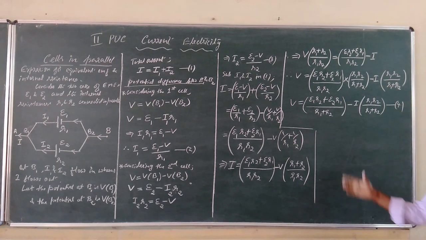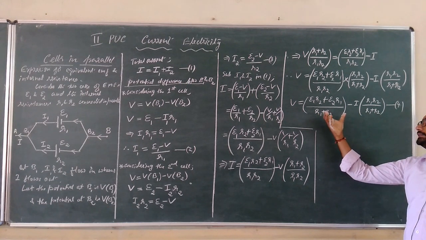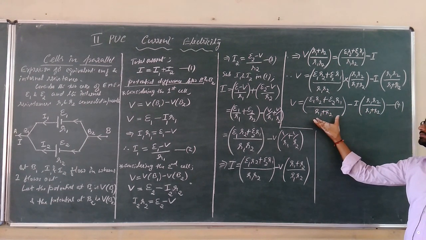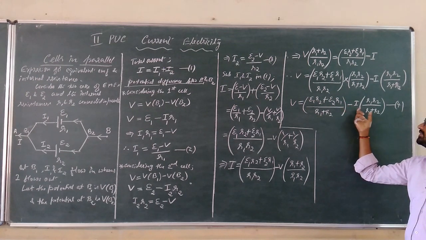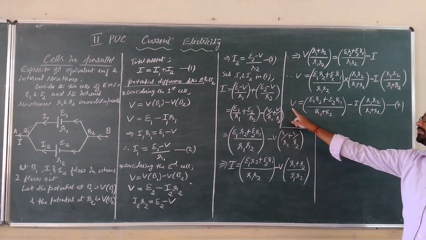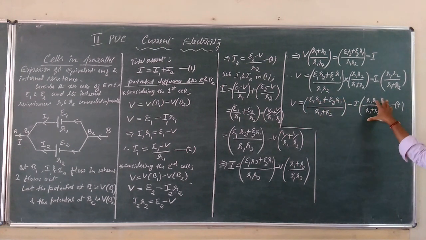See, now this is in the form of E minus IR. Instead of E you have this value, instead of R you have this value, but it is in the form of V equals E minus IR. Okay.